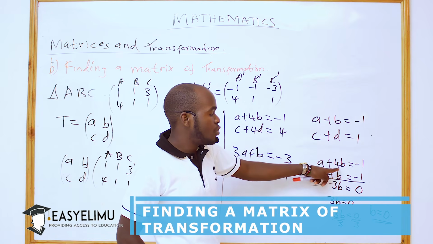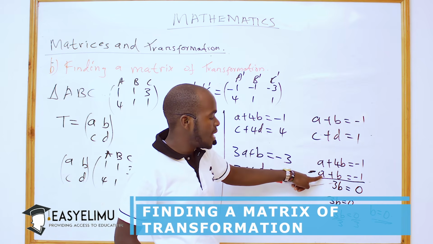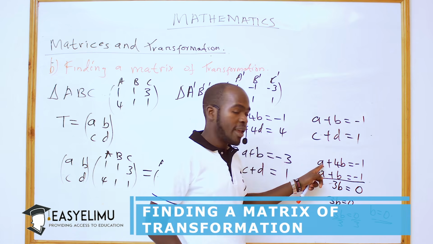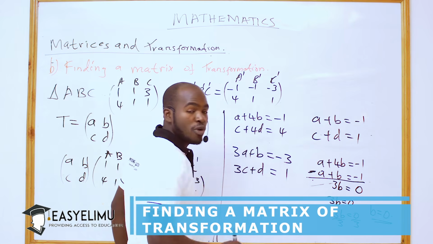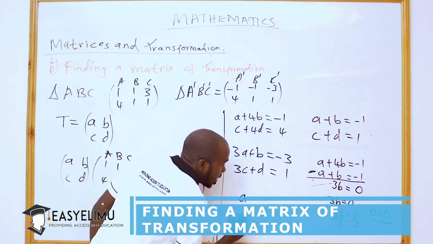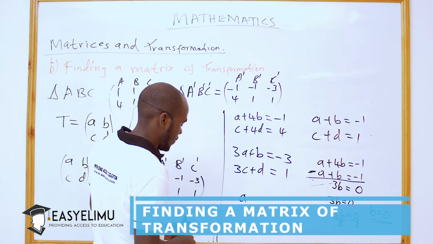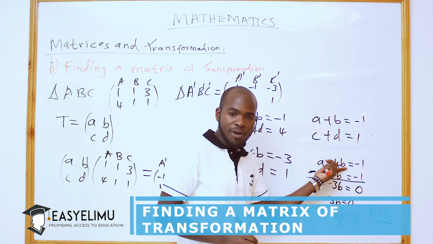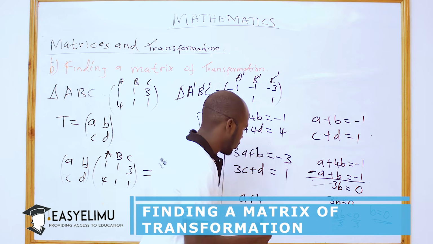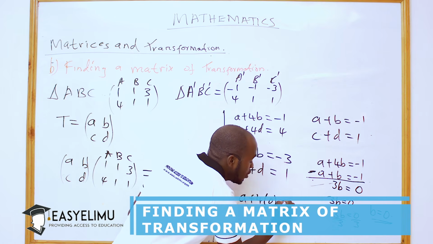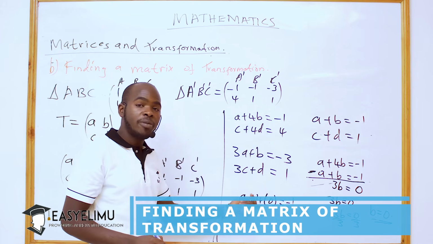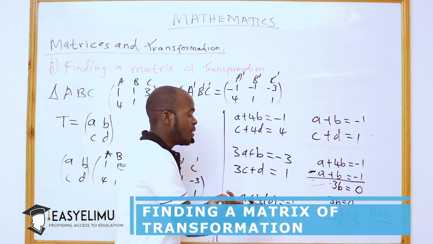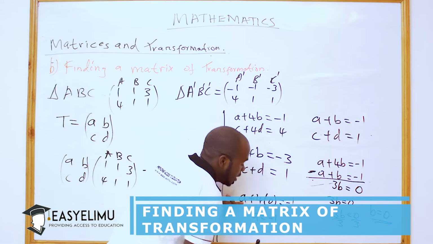If B is 0, we substitute into one of the equations to find A. A plus 4 times B, and B equals 0, so 4 times 0 is 0, and A will be equal to -1.